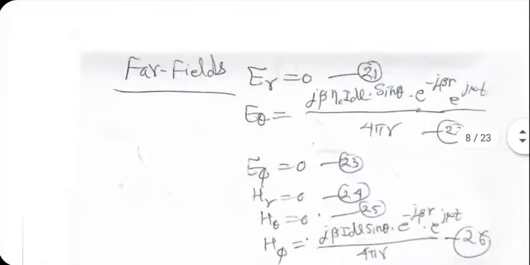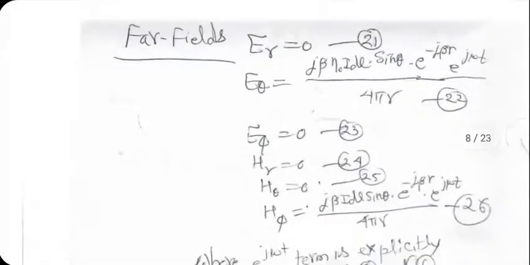Other thing, of course, is that this is also a uniform plane wave. If you look carefully at these two formulas for E theta and H phi, you have got an e to the power j omega t minus beta r type of term. So if you are looking for constant phase surfaces, they would mean omega t minus beta r equal to constant.